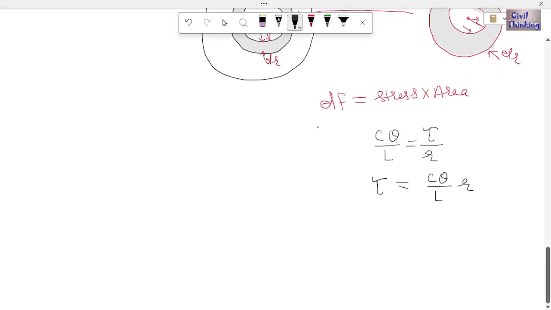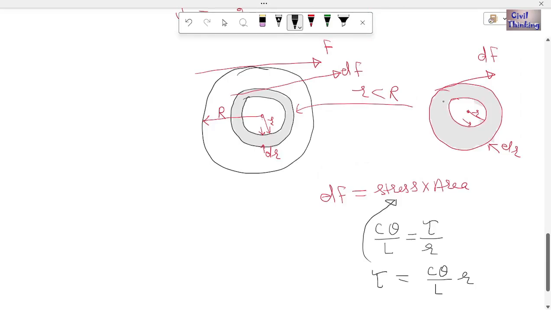We will put this into this, but what about area? The area of this strip is the total length, 2 pi r, times the thickness dr. So its area is 2 pi r dr, length multiplied by the width.